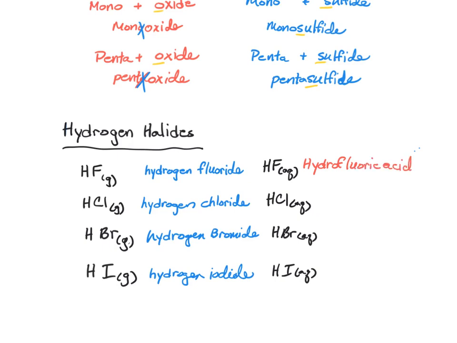HCl would be hydrochloric acid. HBr would be hydrobromic acid. And then HI would be hydroiodic acid.